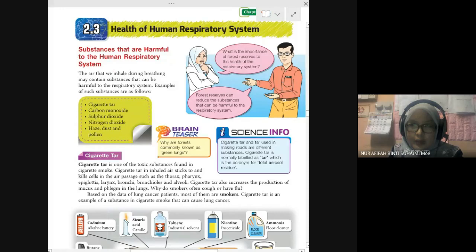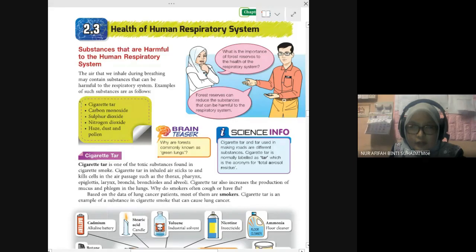We have the examples here. The harmful substances come from cigarette smoke, cigarette tar, carbon monoxide, sulfur dioxide, nitrogen dioxide, haze, dust, and pollen. We have 5 harmful substances to our respiratory system.